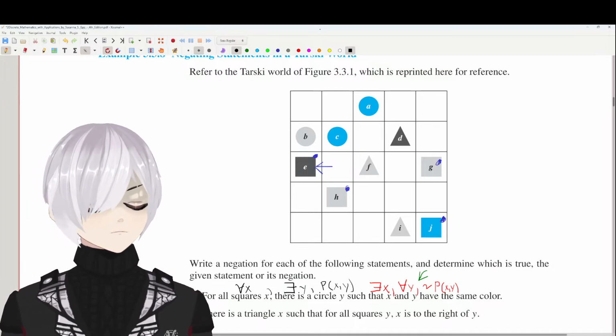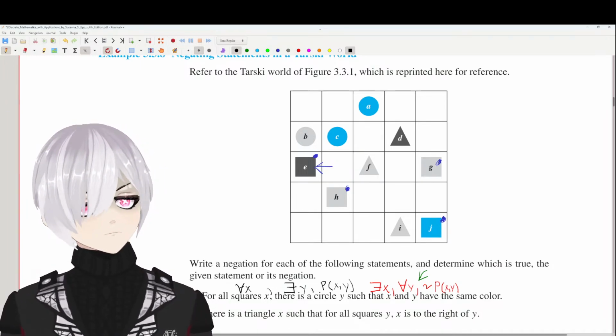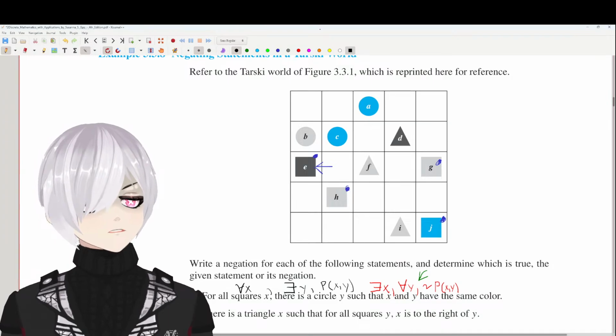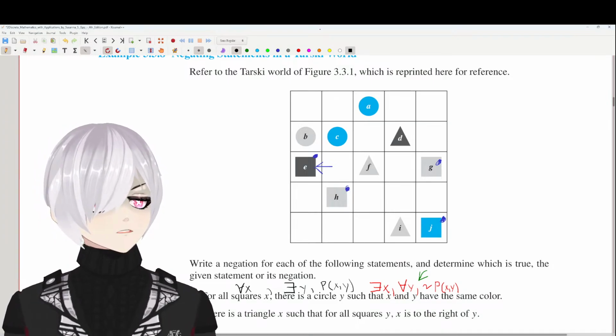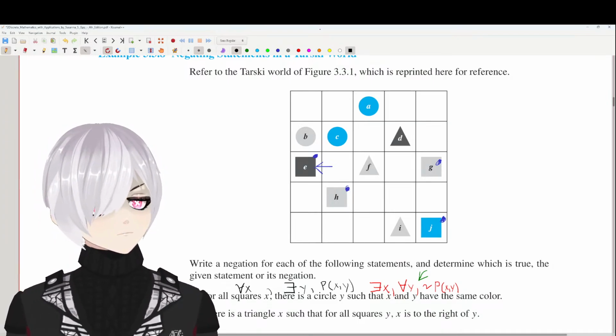Interesting. So let's see the next one. There is a triangle x such that for all squares y, x is to the right of y.